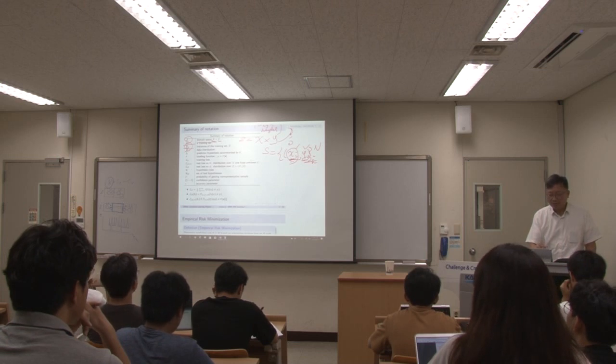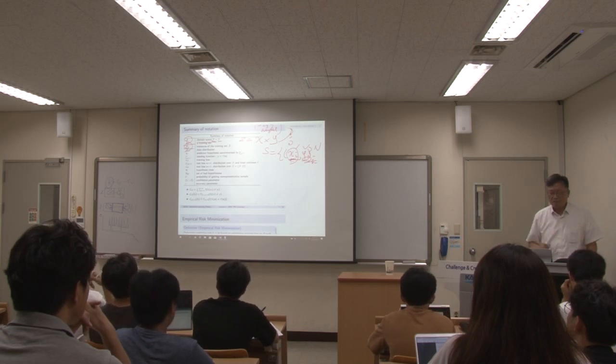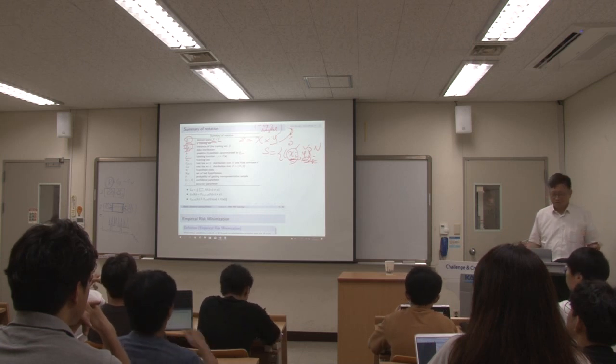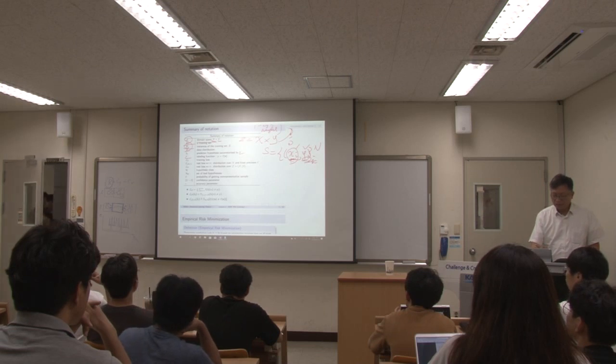F theta is the predictor or the hypothesis parameterized by theta. F is some ground truth label. LS, training loss.